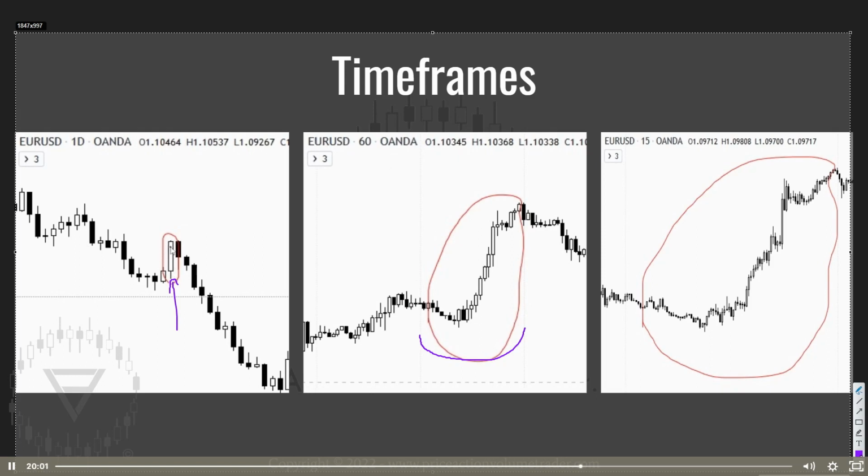So every daily candlestick in Forex is going to be made up of 24 hourly candles. Then these hourly candles, we can also divide them into 15-minute charts. So if we take all these 15-minute candlesticks, then we know that each hour is made up of 4 15-minute candlesticks.